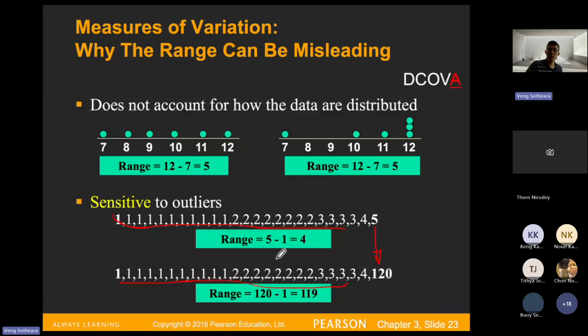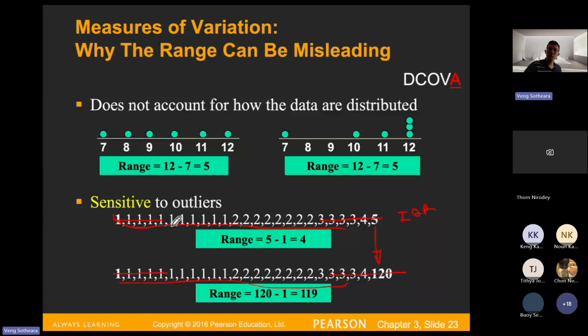So in this case, if you compute the IQR, they will be the same, because for IQR you do not take into account the 25% up and 25% down of the data. If you ignore them that way, you also ignore the outlier if it exists.